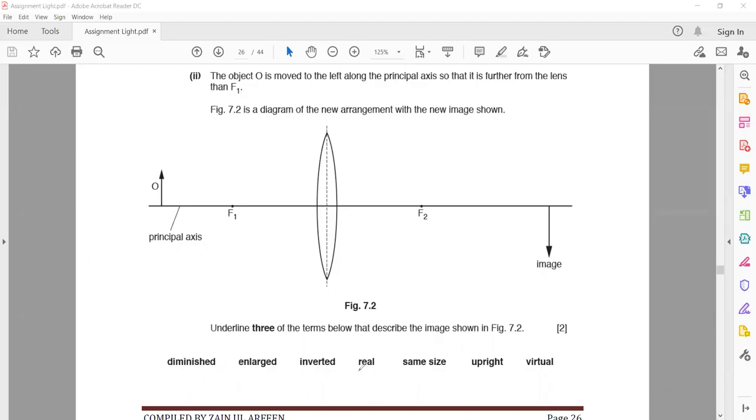This image is real, that's one thing. It is real and it is inverted. And when you compare size of object with size of image, it is enlarged. Diminished means small in size, enlarged means greater in size.